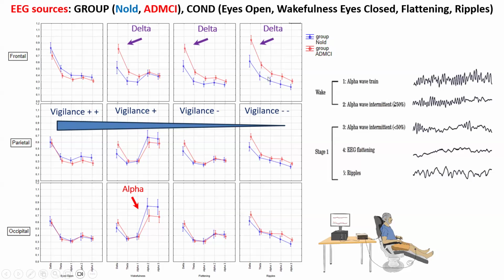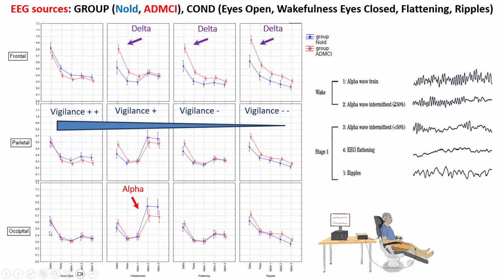So this is a nice demonstration that in healthy subjects, the blue group, you have changes in the alpha source activity in the posterior areas, mainly parietal and occipital, in relation to the level of vigilance.